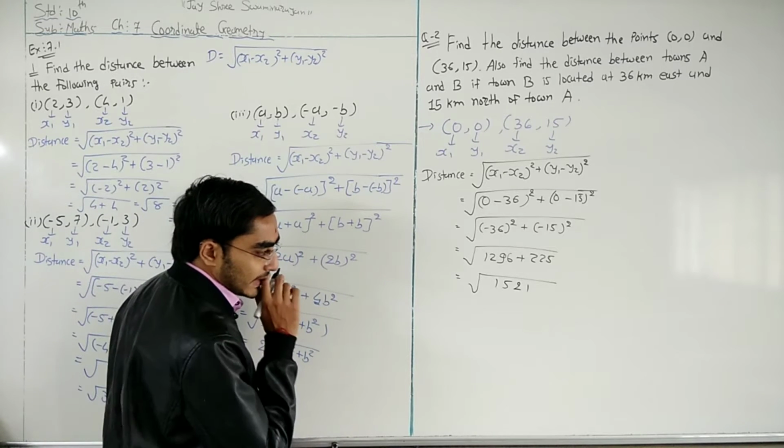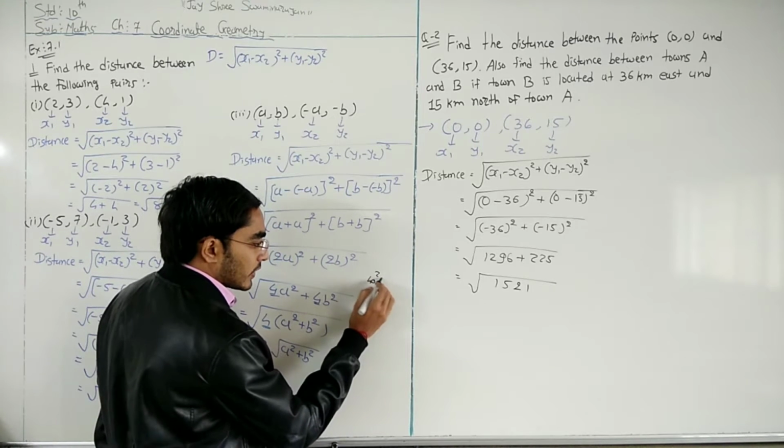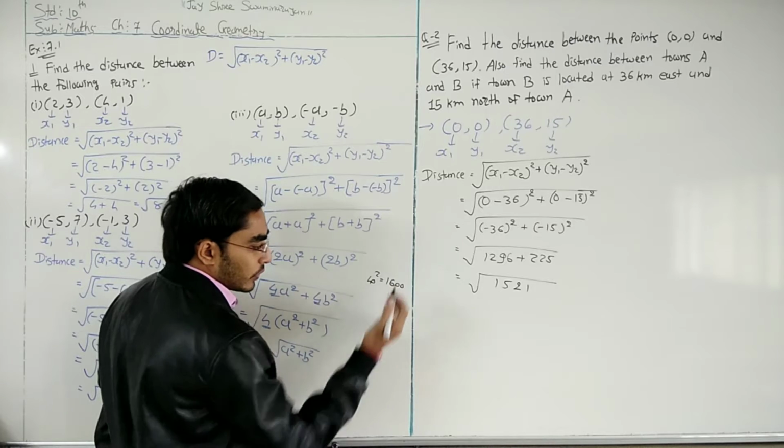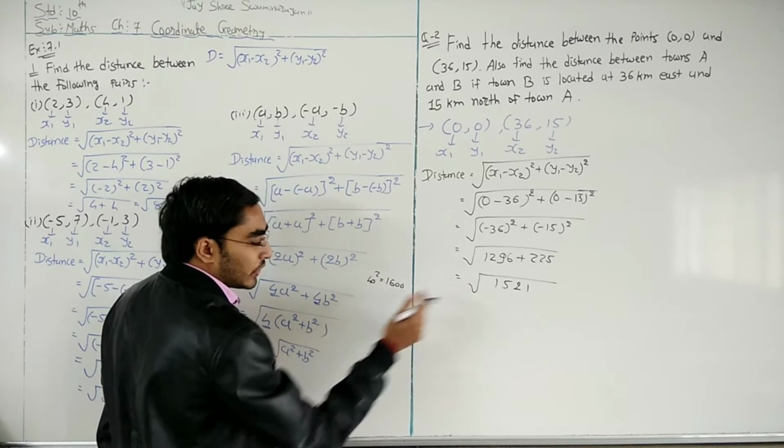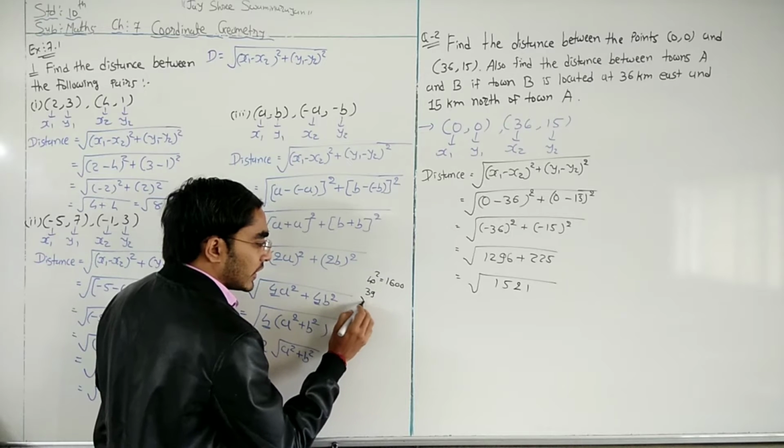We know that 40 square is 1600, right? So 1521 is less than that, so just try out 39.